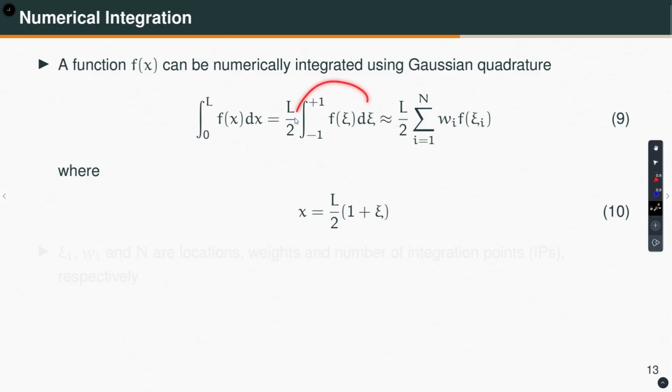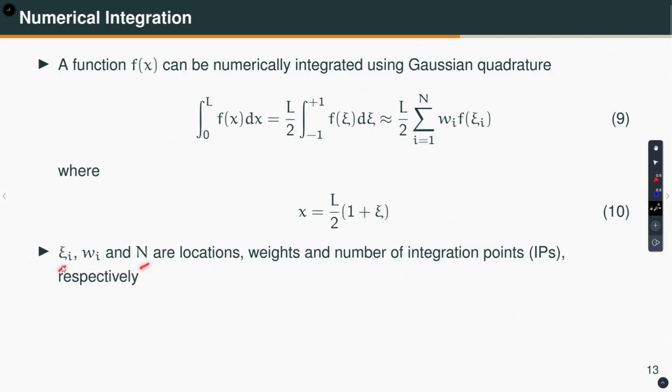Now, this integration can be calculated like this: summation i equals 1 to n of w_i, a weight, times the function f evaluated at some discrete point psi_i, where we are taking n number of points. So, psi_i, w_i and n are locations, weights and number of integration points.